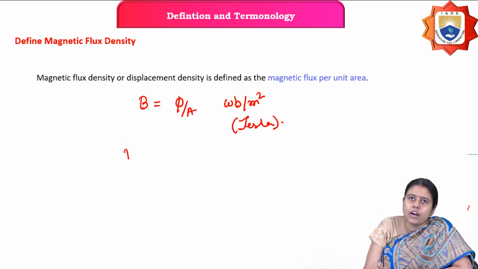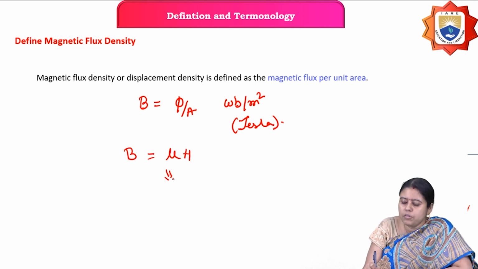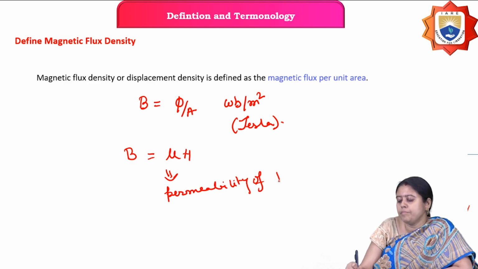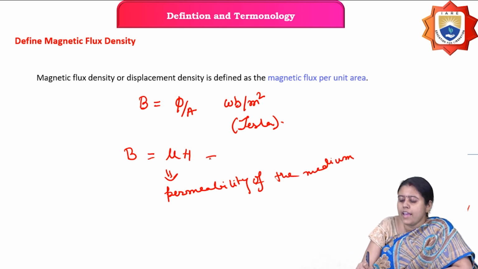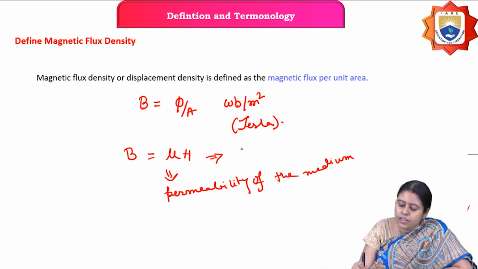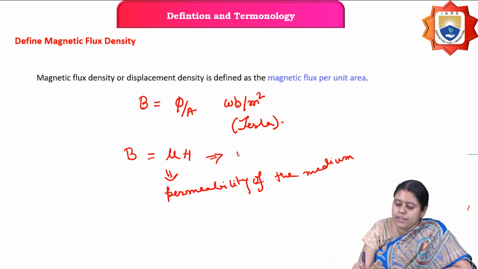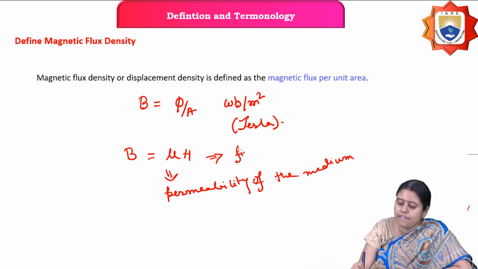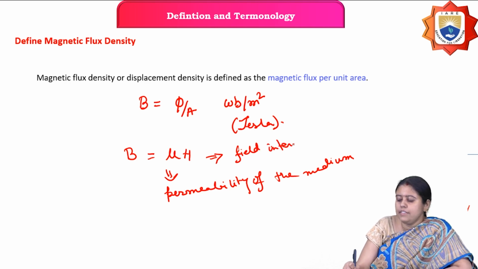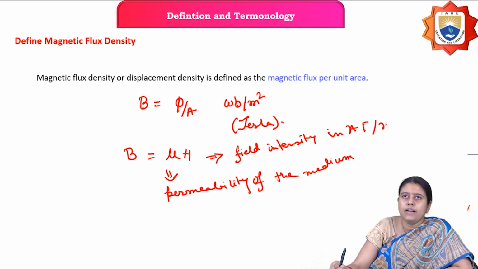And we got the relation also, B is equal to mu H, where mu is the permeability of the medium. And what is H? H is the field intensity in ampere turn per meter.